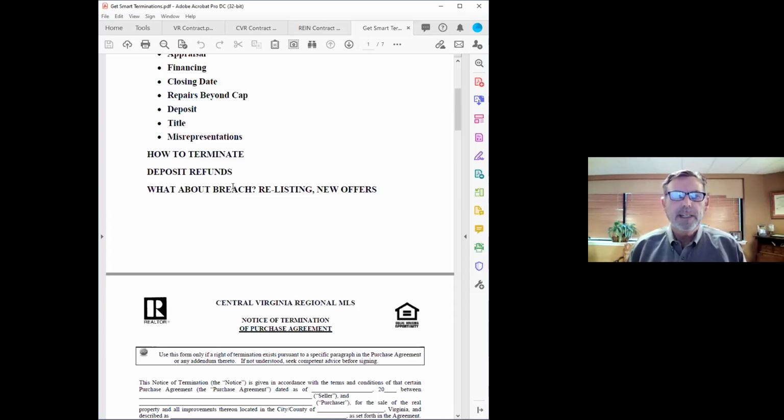So, which leads us to relistings and buyers writing new offers. Here's kind of the idea. Relisting, for example: a seller has a right to terminate, and a seller has terminated, and now they want to go, but the buyer won't sign a release.